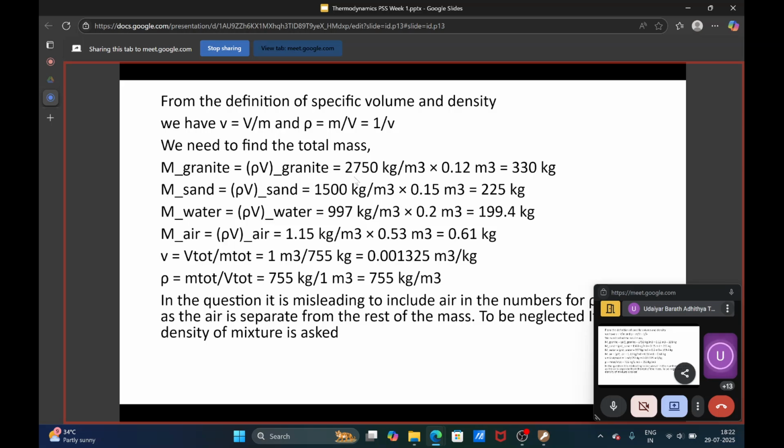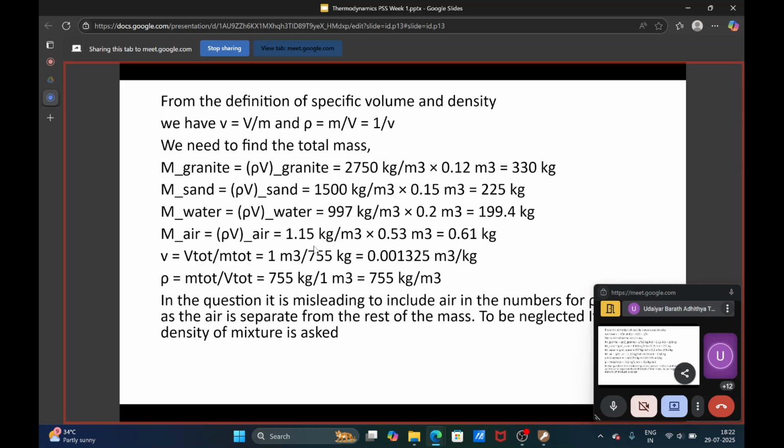The density of granite is 2750 kg per meter cube times 0.12 meter cube, so we get 330 kg. Similarly for sand we get 225 kg, water 199.4 kg, and air 0.61 kg. The overall specific volume will be the total volume divided by the total mass.